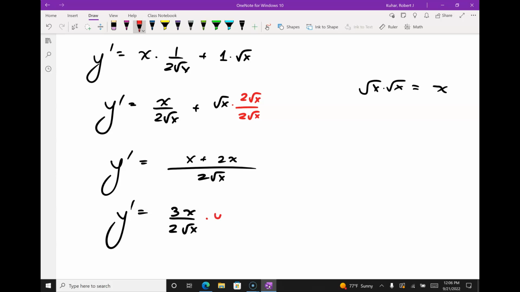And if I just rationalize, I see I get 3x rad x over 2x, right? And there it is, 3 rad x over 2. Done, same derivative.